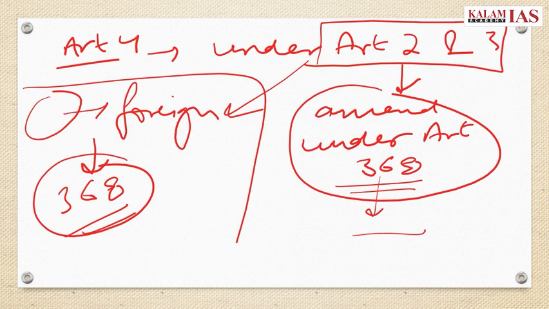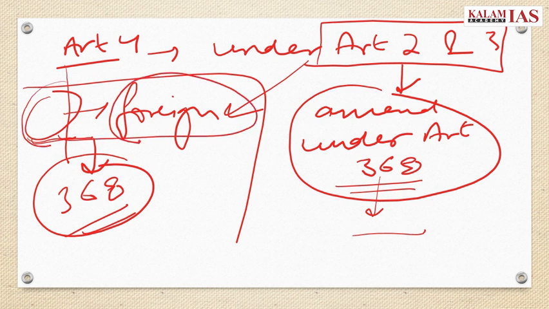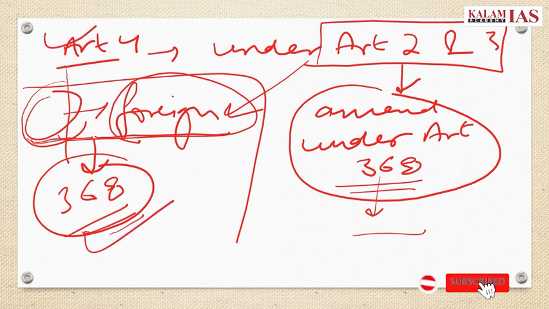That is true. You are decreasing the area, you are transferring. But when you are transferring that to a foreign territory, when you are ceding a part of Indian territory to a foreign territory, then that will be treated as an amendment under Article 368. Okay. So these are the 2 points that you have to remember.